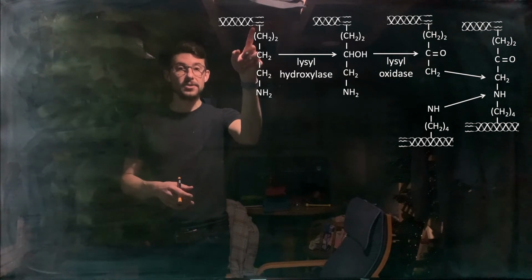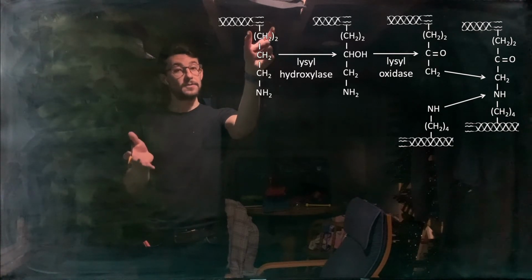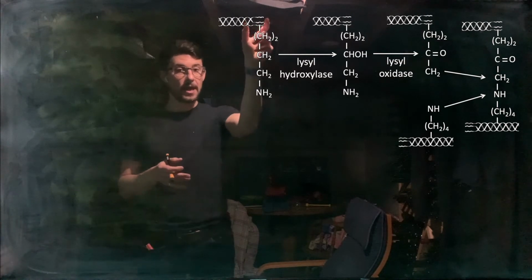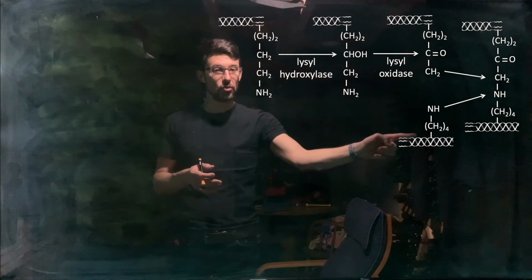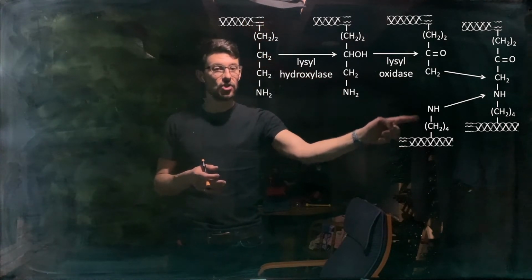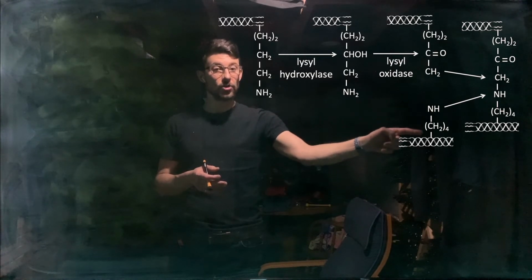One lysine residue is in the non-helical telopeptide region of the collagen molecule right at the end, and that joins to a lysine side chain on the helical portion of an adjacent collagen molecule.